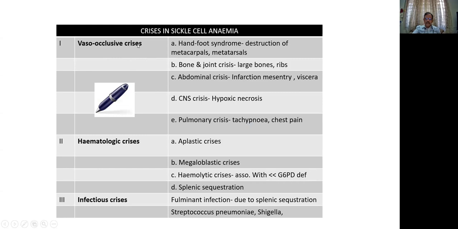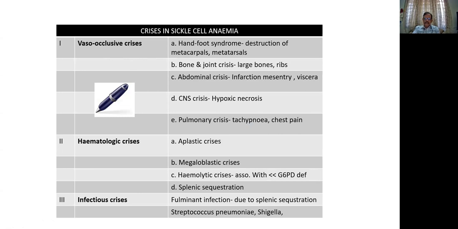One is a vaso-occlusive crisis, hand-foot syndrome. The vessels in the region of the metacarpals or the metatarsals are very narrow, but still the normal RBC can pass through them, while the sickle cells cause obstruction. Because of that, the patient will have excruciating pain, sometimes even infarction of the bone.